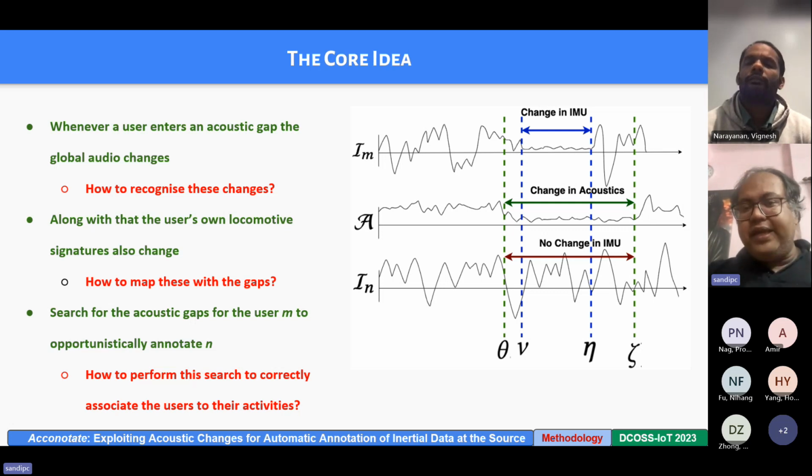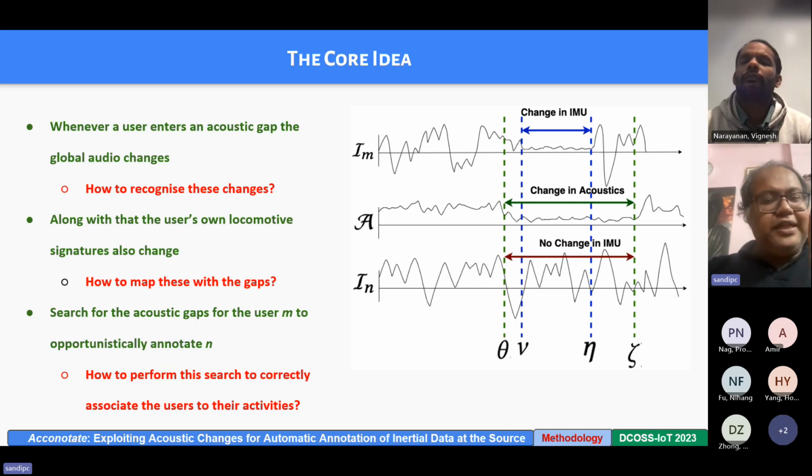Now, by looking into this, what you can possibly infer is that person N is performing a certain activity during that period of time, and within that period, person M has a silent zone, that means the acoustic gap.